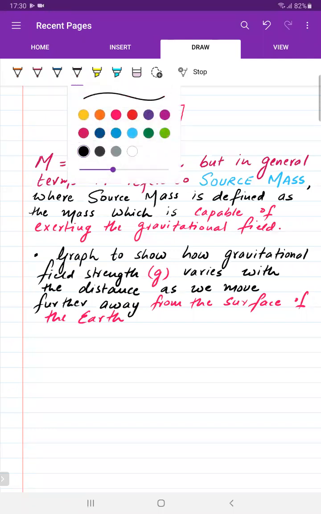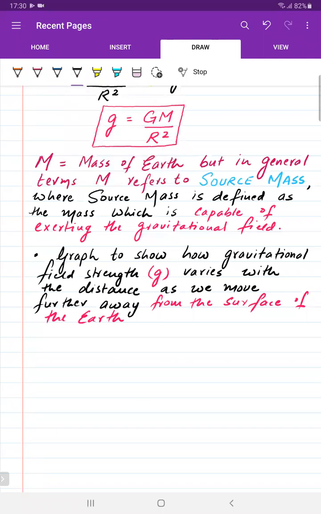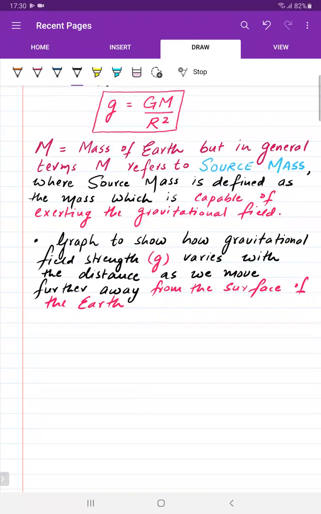तो once again पहले एक diagrammatic approach देख लो, इसके बाद इसका ग्राफ बना देते हैं. ठीक है, तो सोर्स मास हो गया, फॉर एग्जांपल अर्थ हो गया. I'll need the space, तो मैं अर्थ वगैरह की लेबलिंग साइड पे कर दूं.